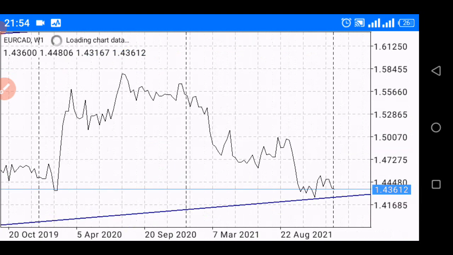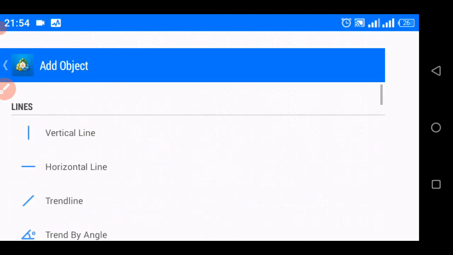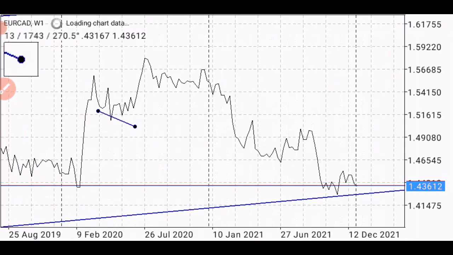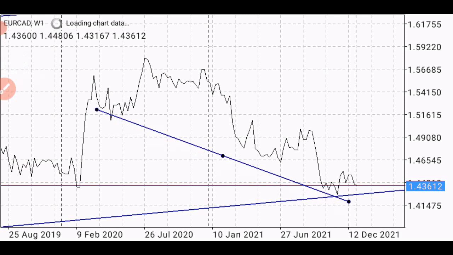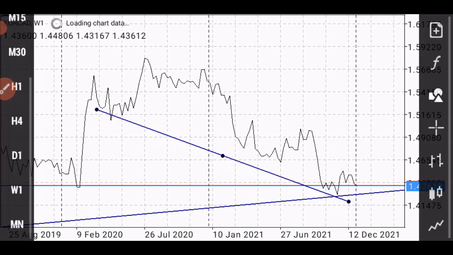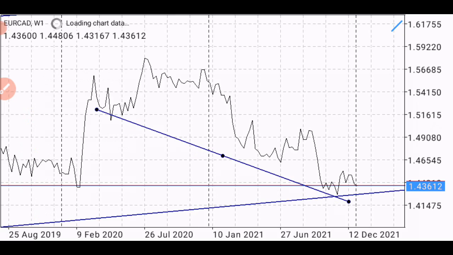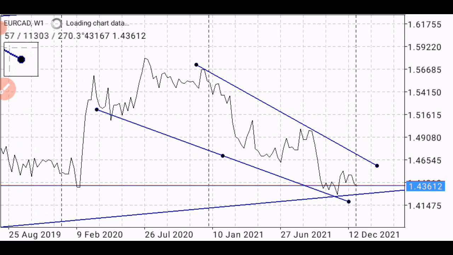Now what we have, inside the corrective box of the monthly charts, I'm seeing something else again. I'm seeing a descending channel.